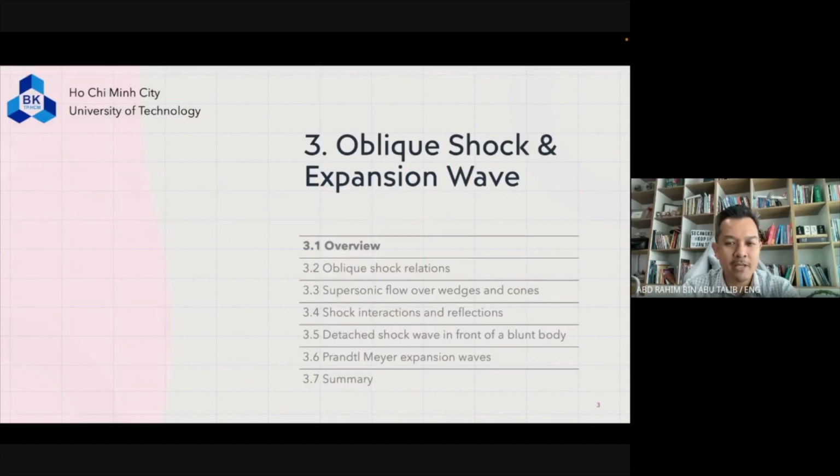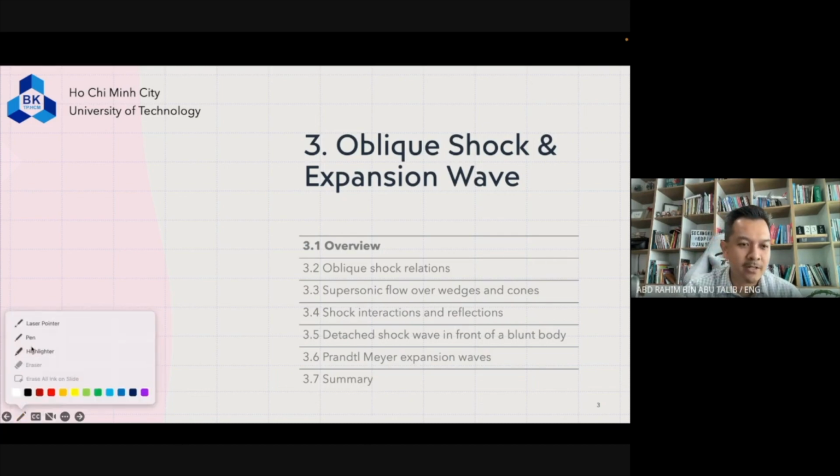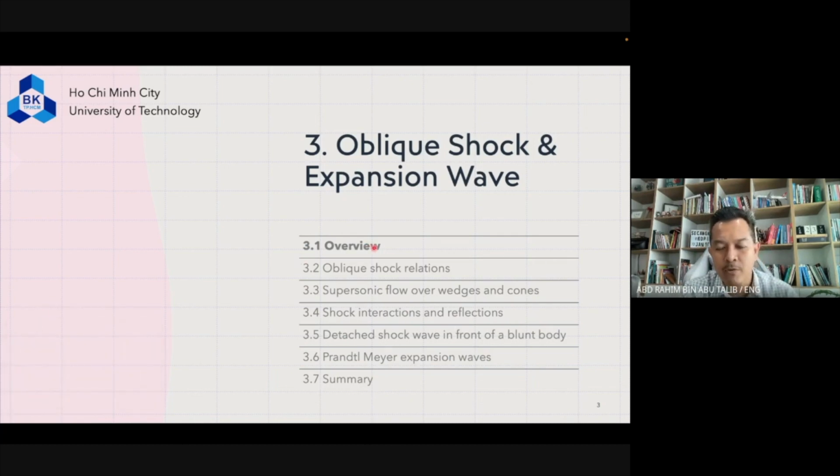In terms of the subtopics for this particular topic on oblique shock and expansion wave, these are the subtopics that we are going to cover. We will look into the overview. We will then touch upon the oblique shock relations, and then we will continue with supersonic flow over wedges and cones.